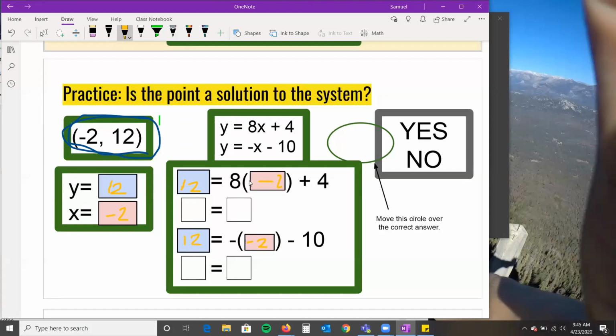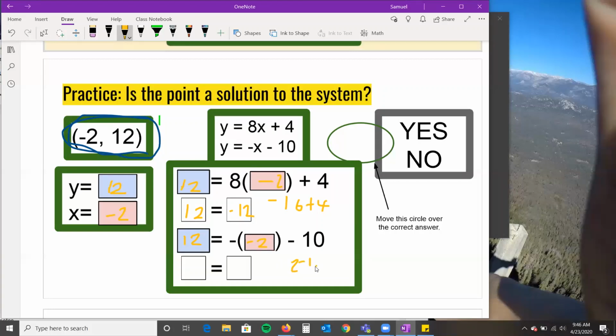And so let's see. 8 times -2 is going to be -16. Okay, plus 4 is going to be -12, right? So now we have 12 equals -12, right? And then on this one, we've got negative times a negative is a positive, so that's 2.